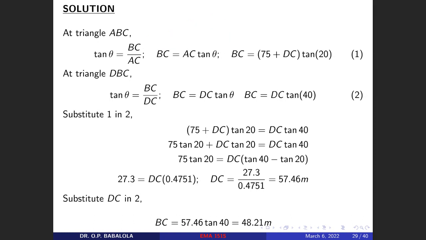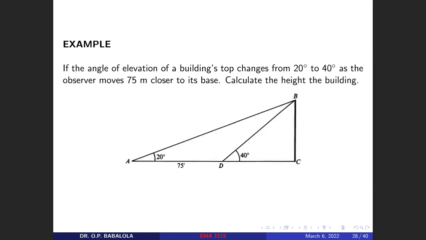Okay. Considering triangle ABC, I'll flip front and back. We're given angle A to be 20 degrees. We want to find this part.